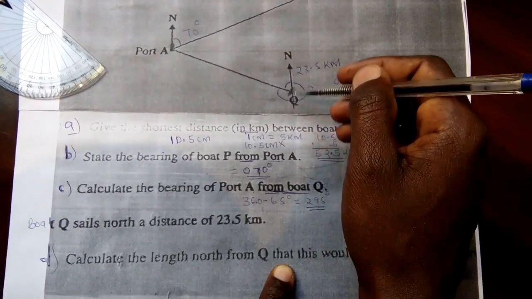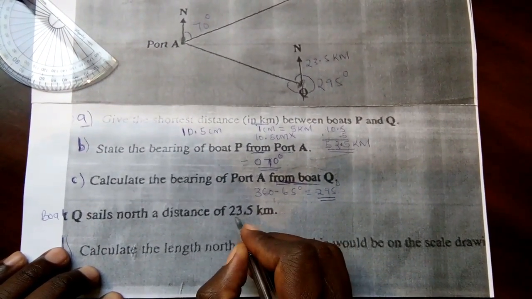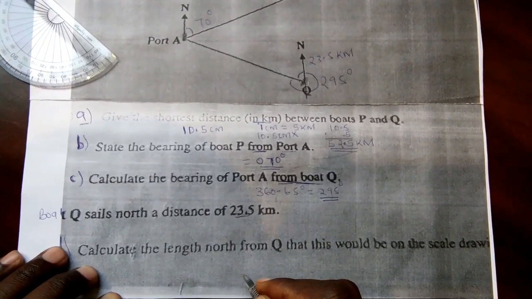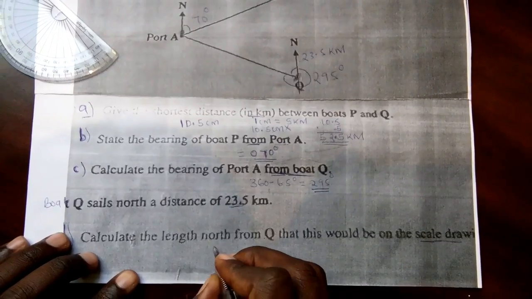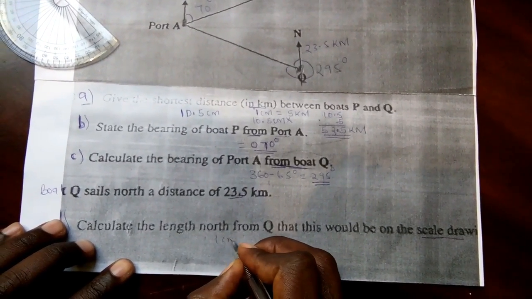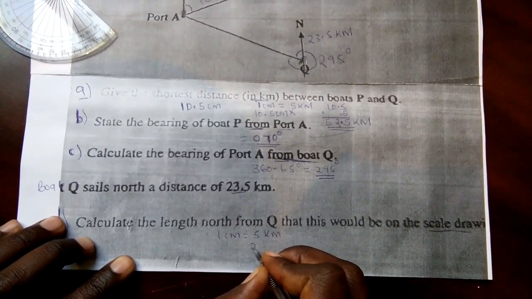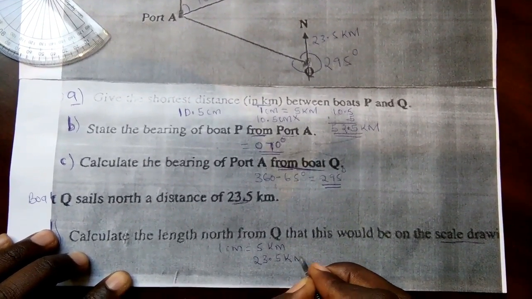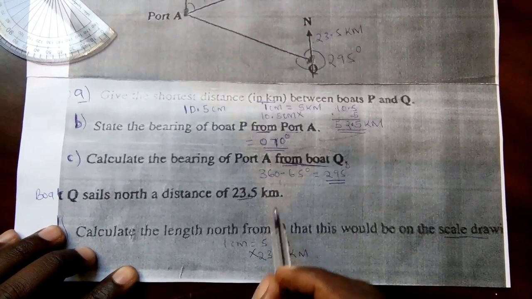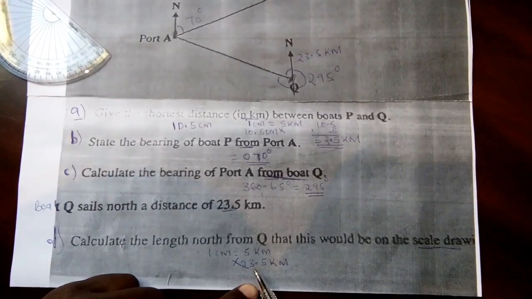When we want to calculate that one, we convert this into centimeters so that we can use the scale drawing. We know 1 centimeter is equal to 5 kilometers. What about 23.5 kilometers?